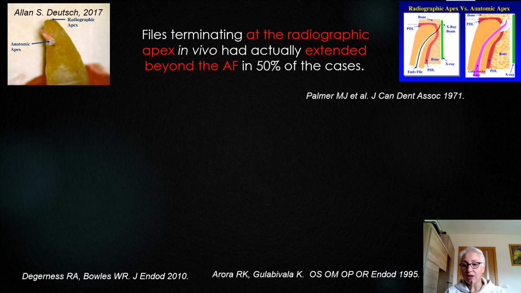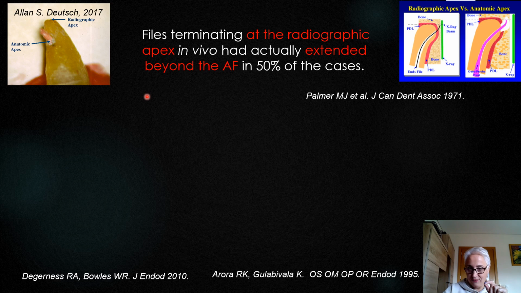Let's have a look at other investigations. Actually, I think these slides are used by many dentists when they talk about working length determination and radiographic examination. Files determined to be at the radiographic apex in vivo had actually extended beyond the apical foramina in 50% of the cases.